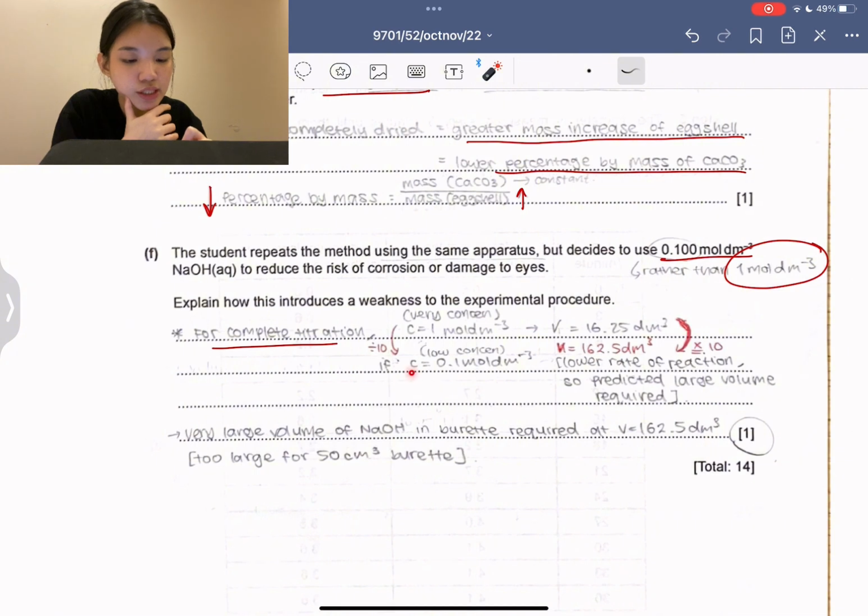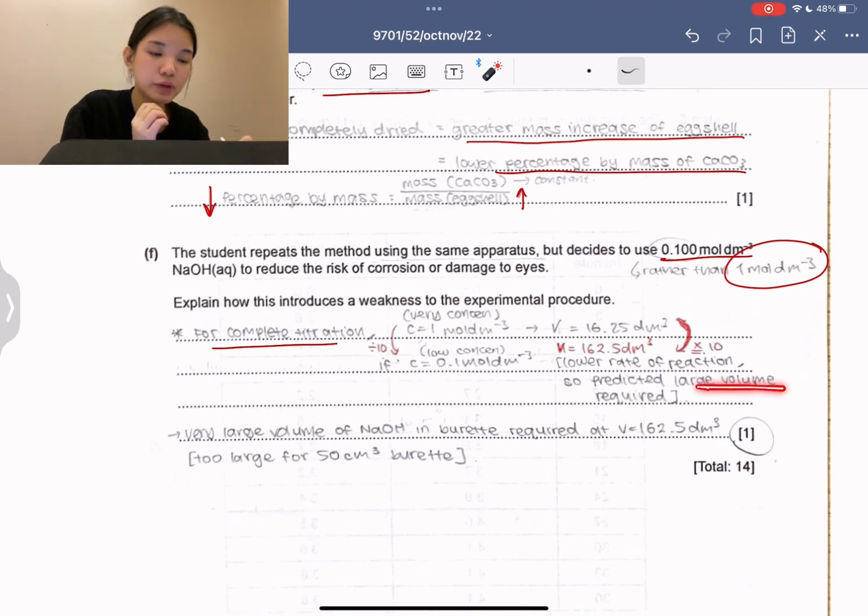Then when C equals 0.1 mol per dm³, what is the V? There is no way that a lower concentration would lead to a lower volume. Because a lower concentration of a substance means a lower rate of reaction, a predicted larger volume would be required.